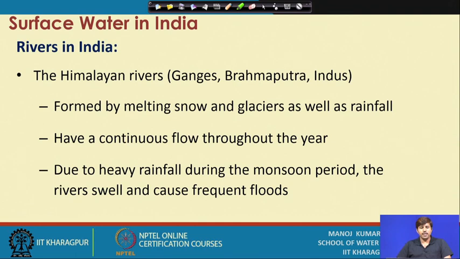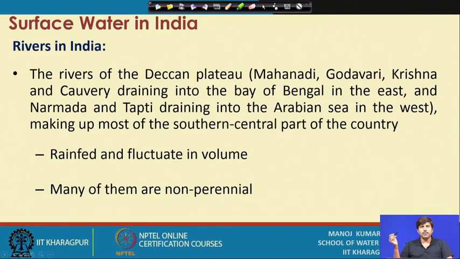This heavy rainfall, particularly in the monsoon period, will enhance the flow in the rivers significantly, resulting in the swelling of these rivers, which is the basic reason for the frequent floods that we often see in some of the rivers originating from the Himalayas.